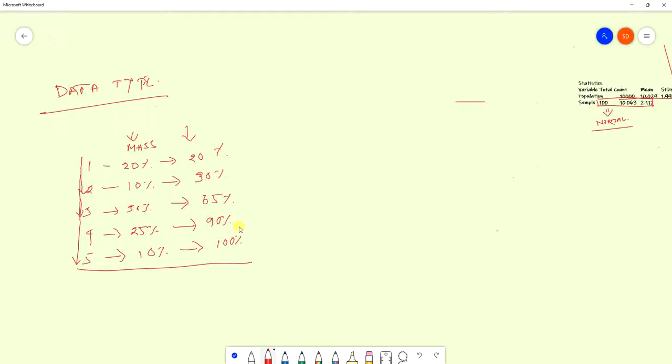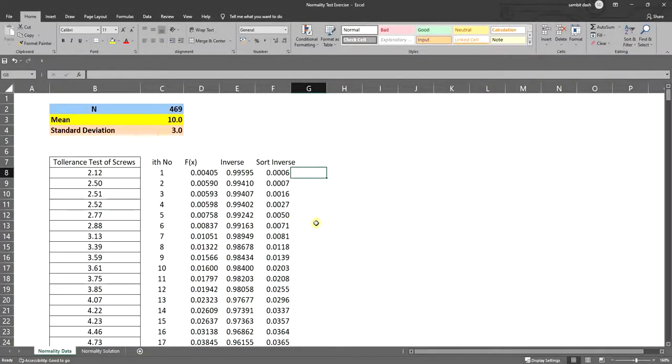To calculate this, you simply come here to the formula again. Equal to, bracket start, 2 into i minus 1, multiplied by log of fx, bracket closed, plus log of inverse, right?